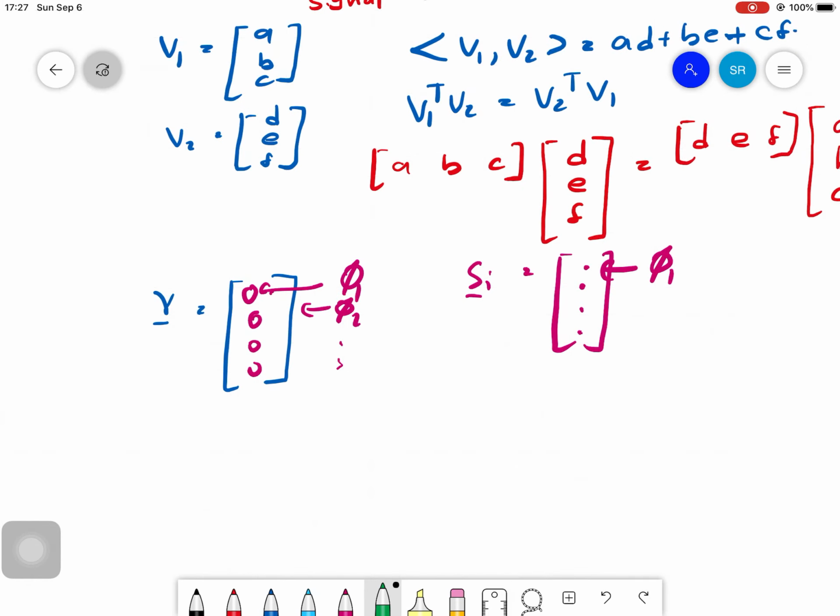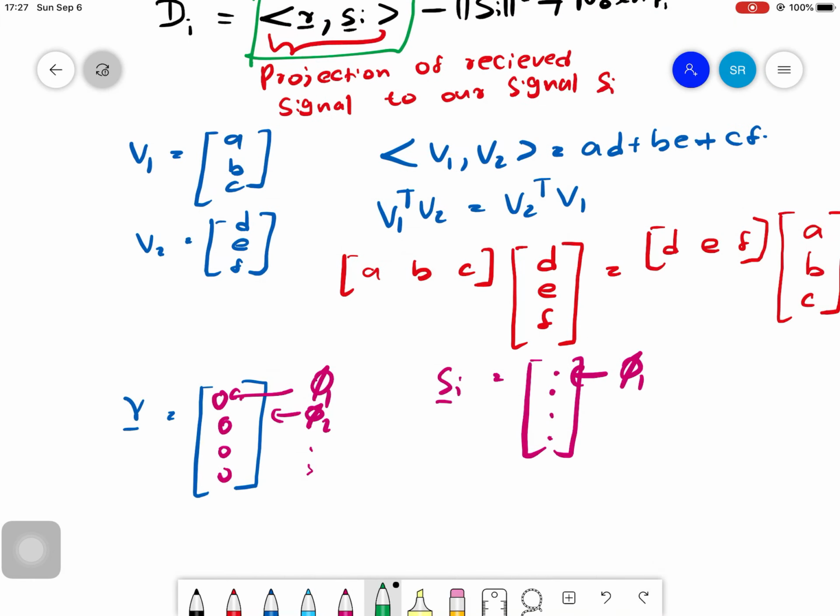This is how we do it with matrices when representing it in our signal space.